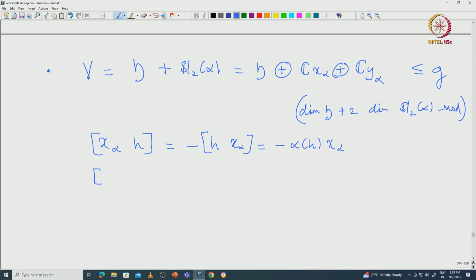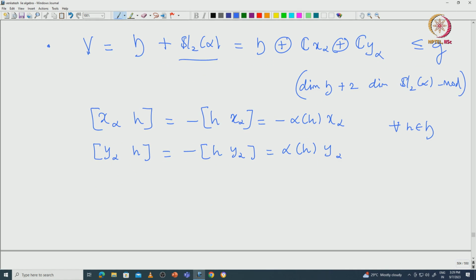Similarly, if we compute y alpha on any H, you can see that this is going to be minus the bracket [H, y alpha], which gives us alpha of H y alpha, and this is true for all H in H. Elements of SL2 alpha will be invariant under the action of SL2 of alpha, that is very clear. So, this V is indeed an SL2 of alpha submodule. If we go back to SL2 representation theory, you can see that this is a finite dimensional SL2 module.